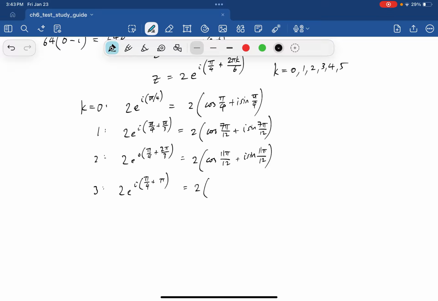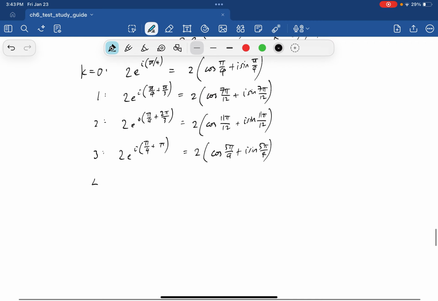So it's 2 cosine 5 pi over 4. So it's very tedious. Shouldn't have chosen such a large power for this question. 19 pi over 12.